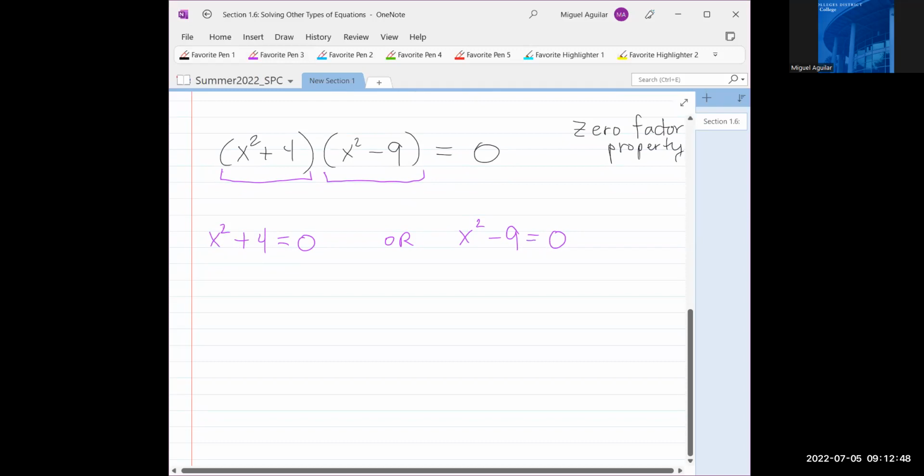They're quadratic equations because we have x squared. That means that from each of these little equations, when we solve them, we will get two solutions. So I'll get two solutions from solving this equation, and I'll get two more solutions from solving this equation. And that's where we're going to get our 4 solutions from.